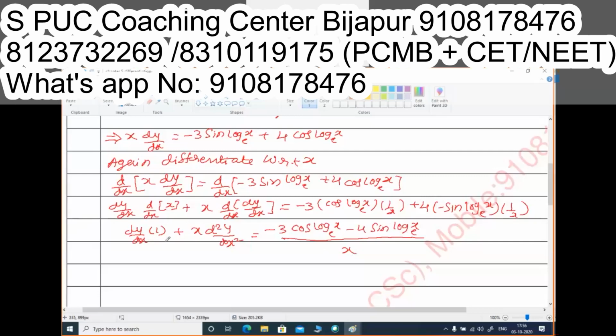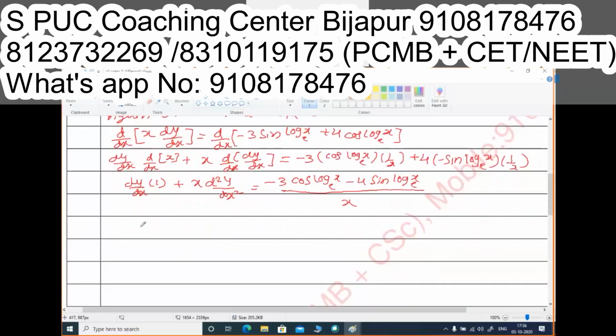Multiply by x completely: x into dy by dx plus x square into d square y by dx square.